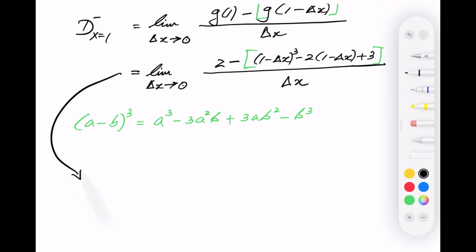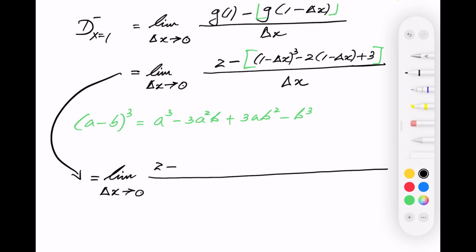Now this is equal to the limit as delta x approaches 0. On the numerator, the first term is a 2 minus, and then I need to open big brackets. Inside the big brackets, I need to expand 1 minus delta x raised to the third power.